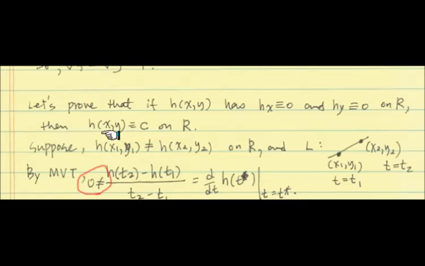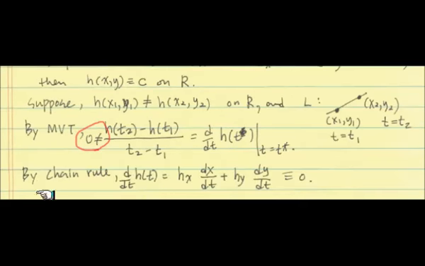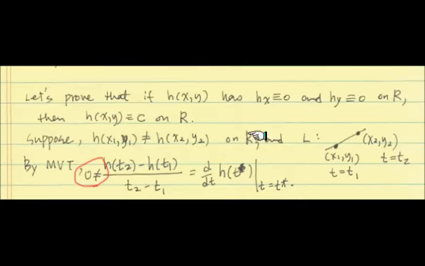So let's go back to h as a two-variable function and see how we can differentiate this one. That's definitely just the chain rule. So by the chain rule, differentiating this as a two-variable function involves partial h_x times dx/dt plus partial h_y times dy/dt. But we have h_x and h_y identically 0. That's part of the condition.